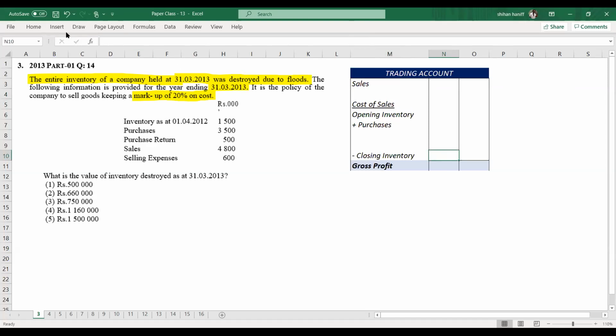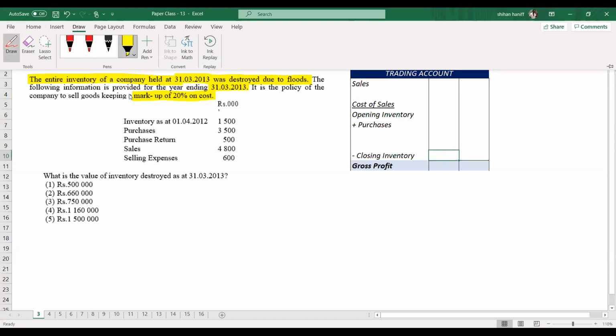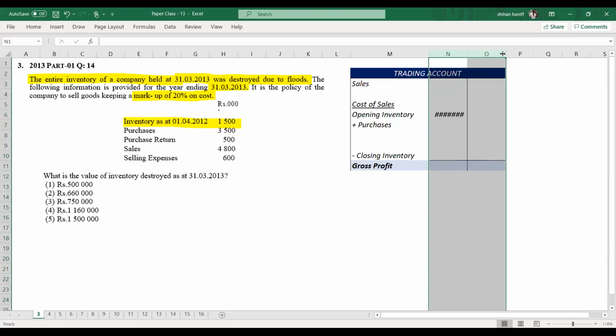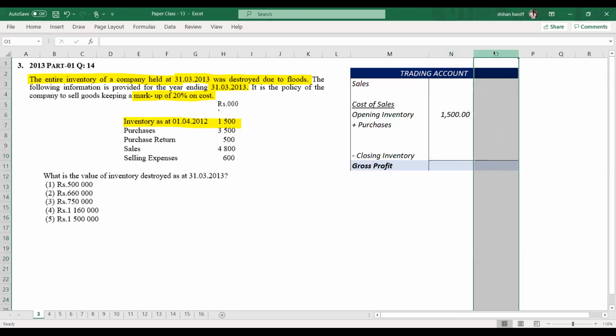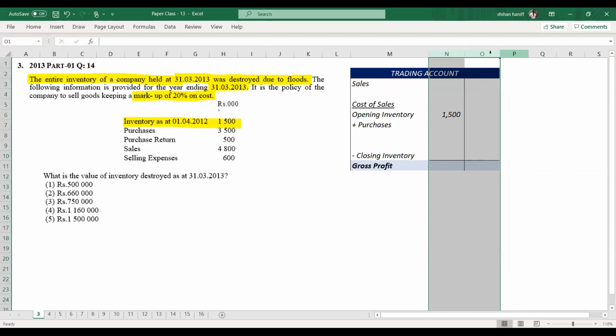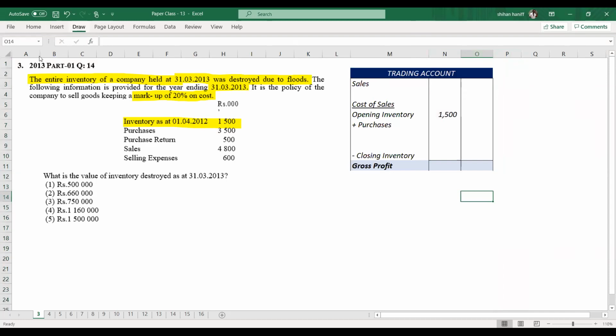Inventory as at 1st of April 2012, that's the opening inventory, which is 1,500. Then we have purchases, 3,500.